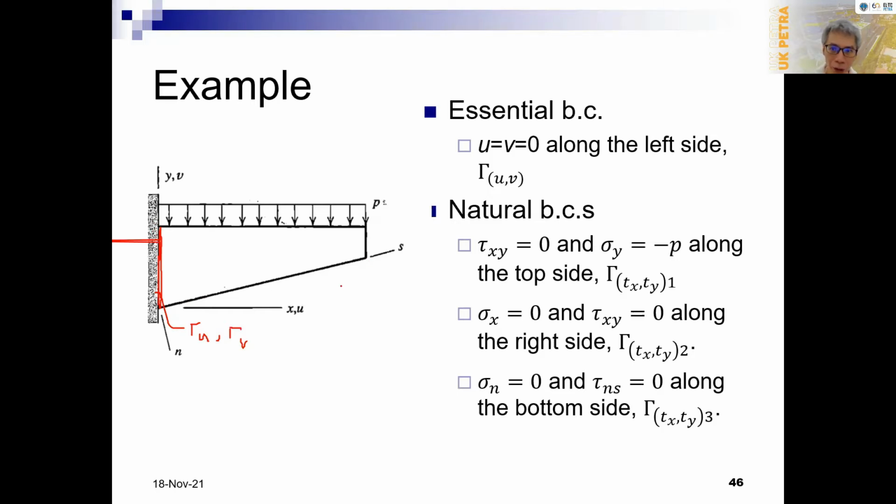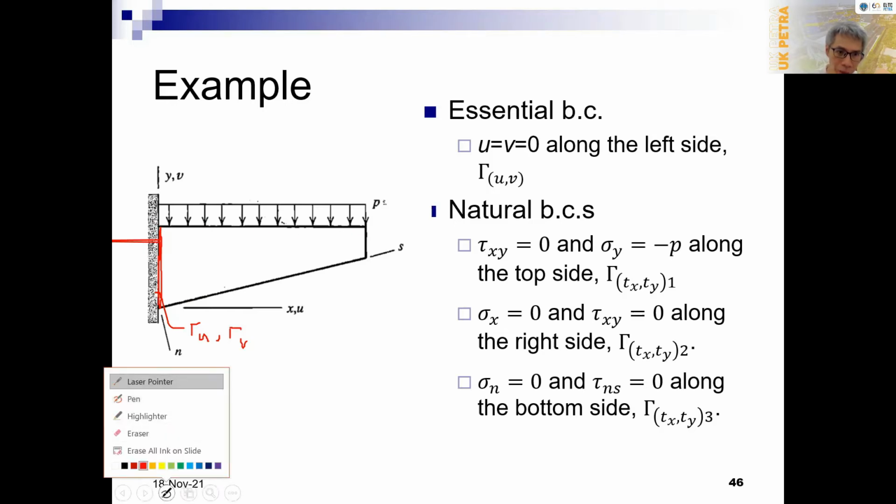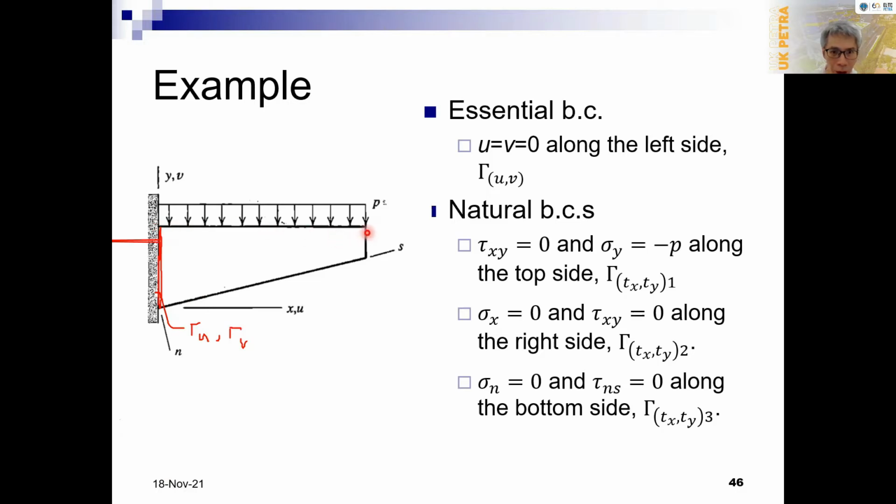Okay, let's take a look at the top side of this body, at the top edge. Along this top, if we have here a small square or small cube, we see that the shearing stress here is 0, right? Because no shearing stress.